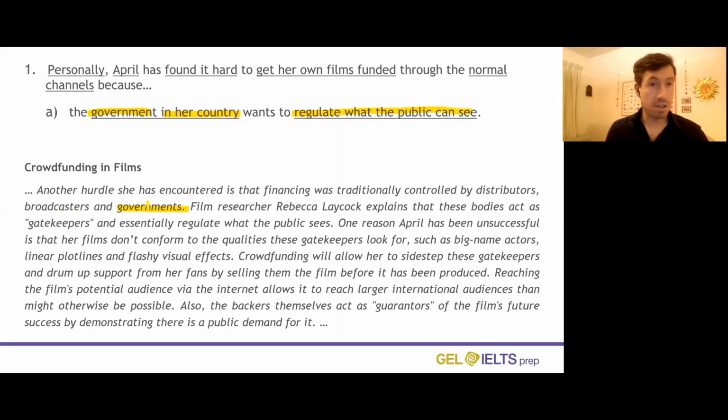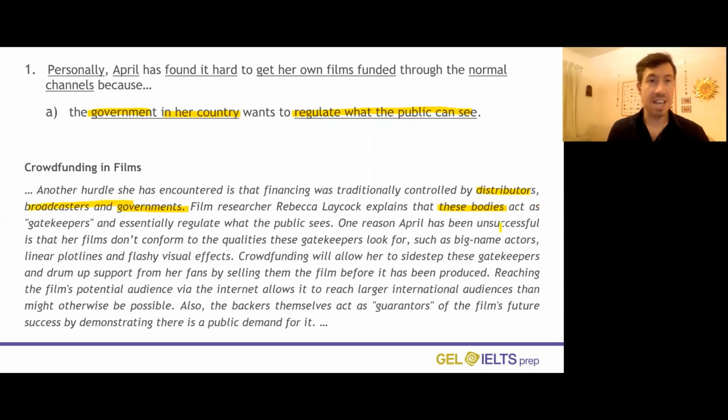Well, it doesn't say anywhere here anything about in her country. Let's keep reading. Film researcher Rebecca Laycock explained that these bodies act as gatekeepers. So these bodies is a synonym for this government. It actually refers to the distributors, broadcasters, and governments.